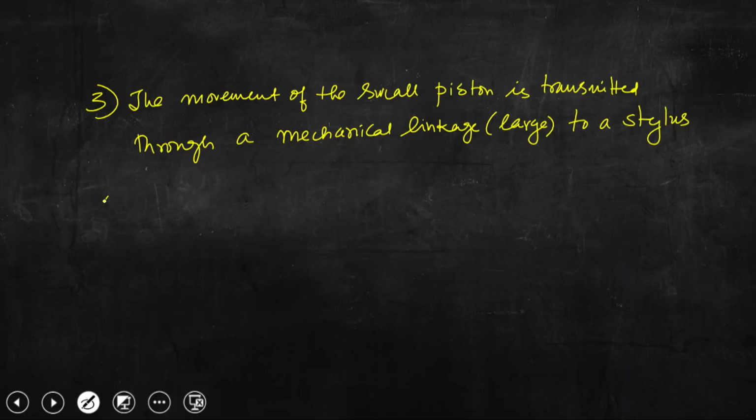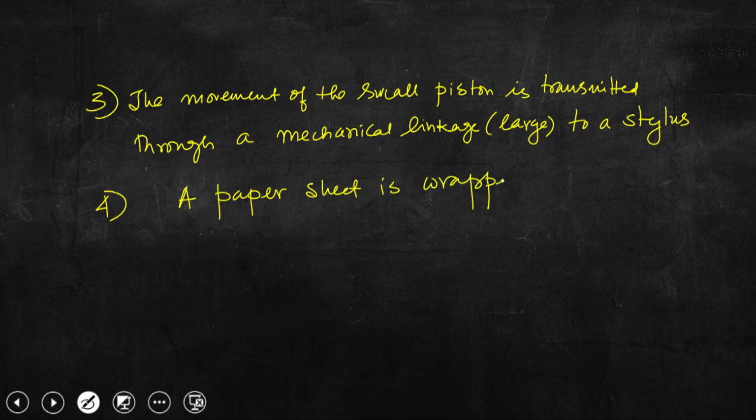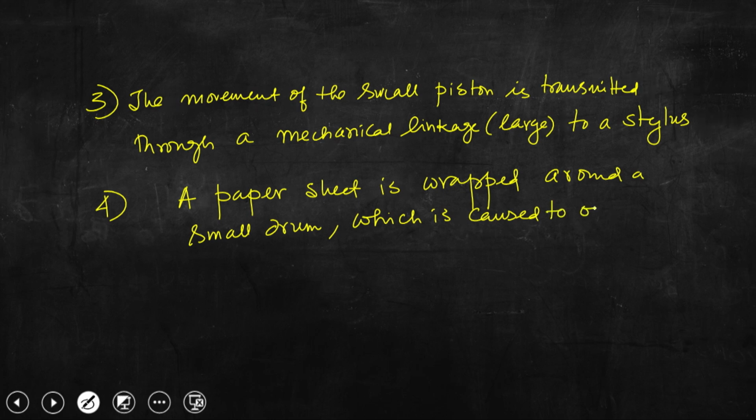Number 4, that a paper sheet is wrapped around a small drum, okay, which is caused to oscillate in accordance with the strokes of the piston of the engine.